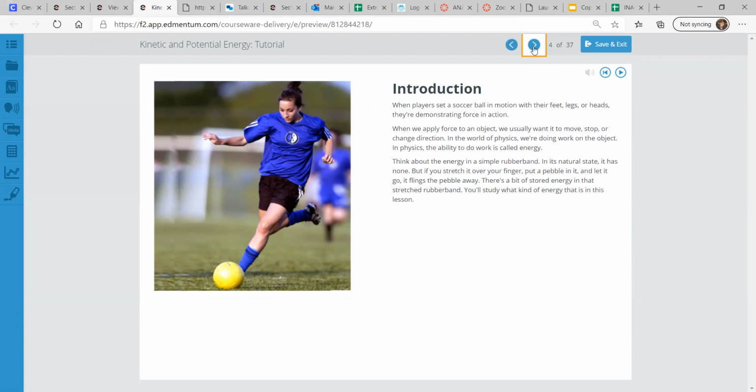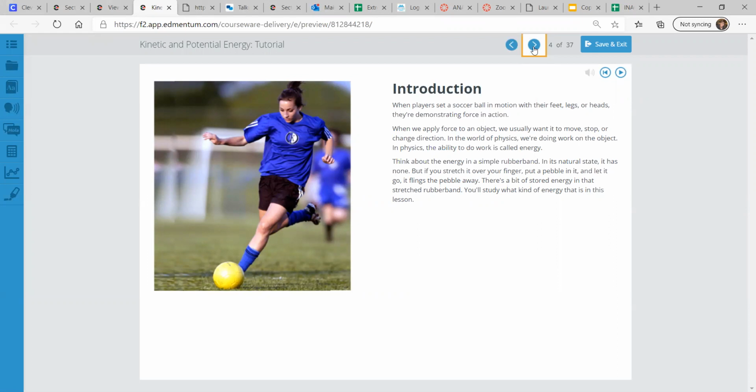In the world of physics and physical science, we're doing work on the object. And in this sciencey way, the ability to do work is called energy. Energy allows us to move, stop, or change direction of any object we come into contact with.